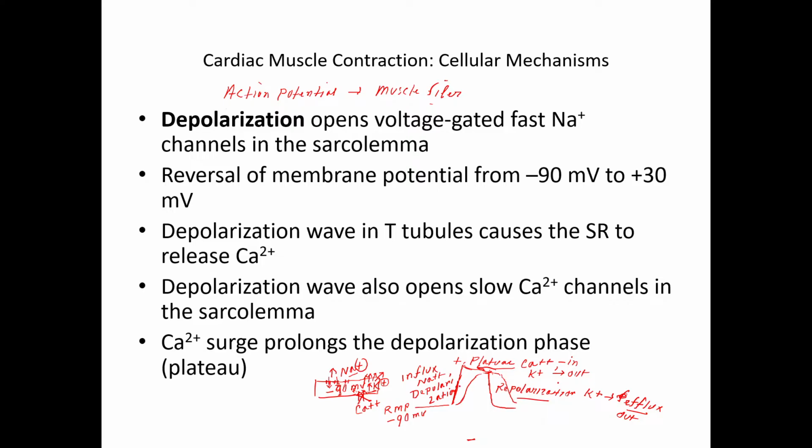So depolarization is causing contraction, plateau is giving this interval, like it's not contracting nor relaxing. So this is an interval due to plateau, and then repolarization causes relaxation. So this is contraction, pause or interval, and then relaxation.